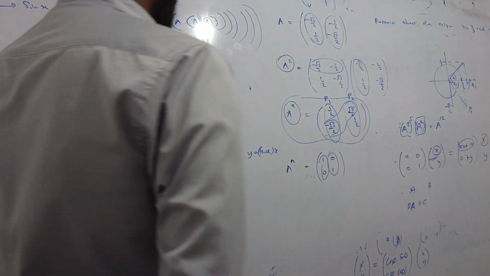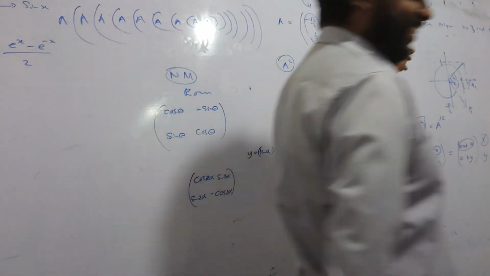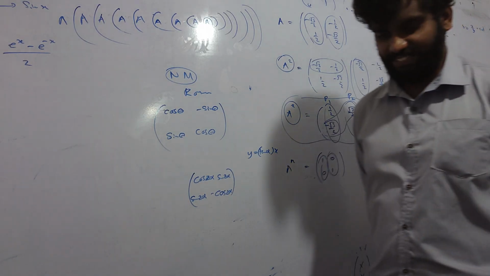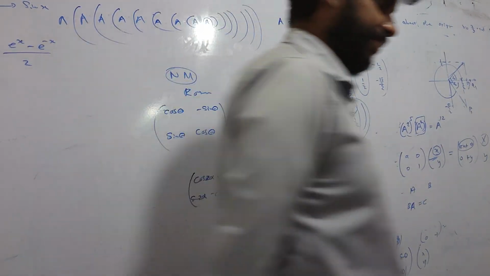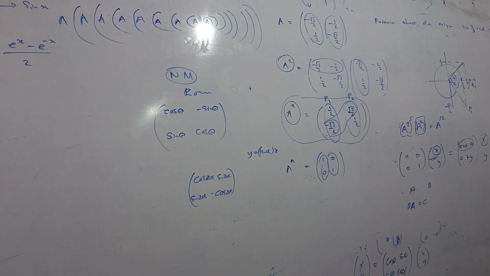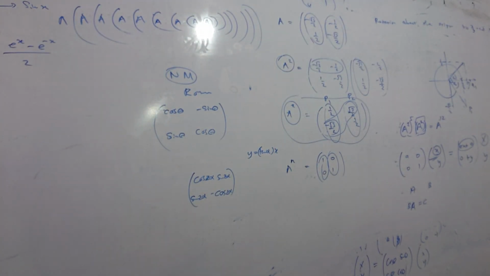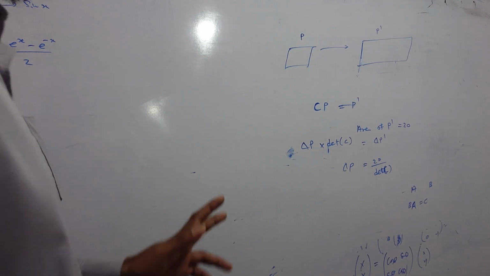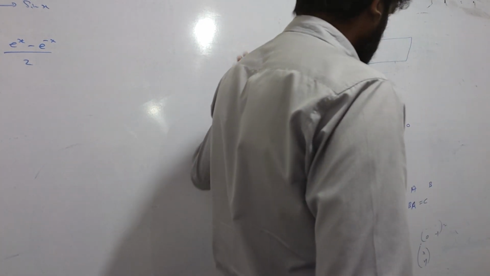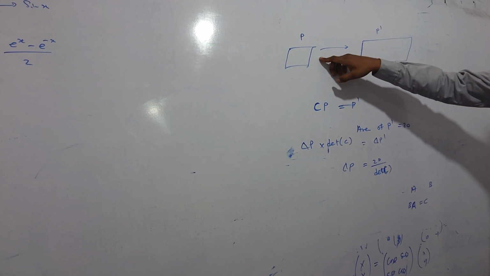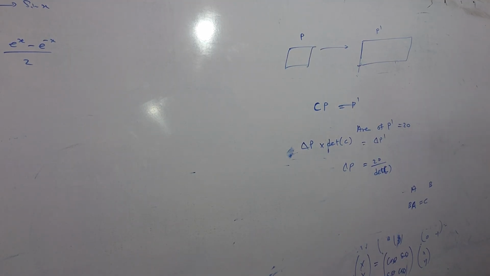So last time we were trying to depend on this one, right? And that's not the base coordinate. This time, the parallelogram P is transformed by the matrix C into P dash.